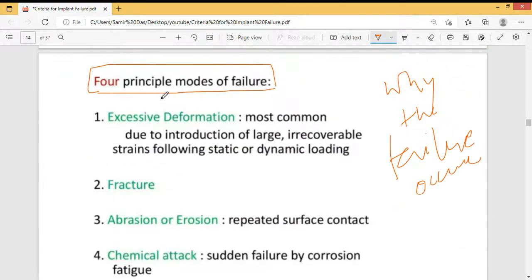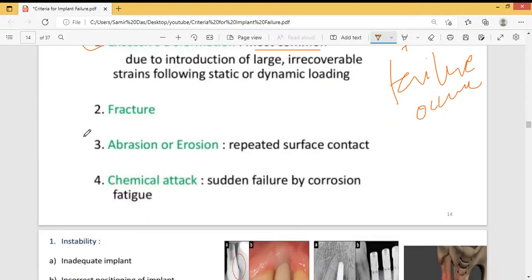So let's discuss the modes of failure. First is excessive deformation. With excessive deformation or twisting action, the material can fail. Then fracture, abrasion or erosion, and chemical attack. There is a difference between abrasion and erosion, and corrosion.